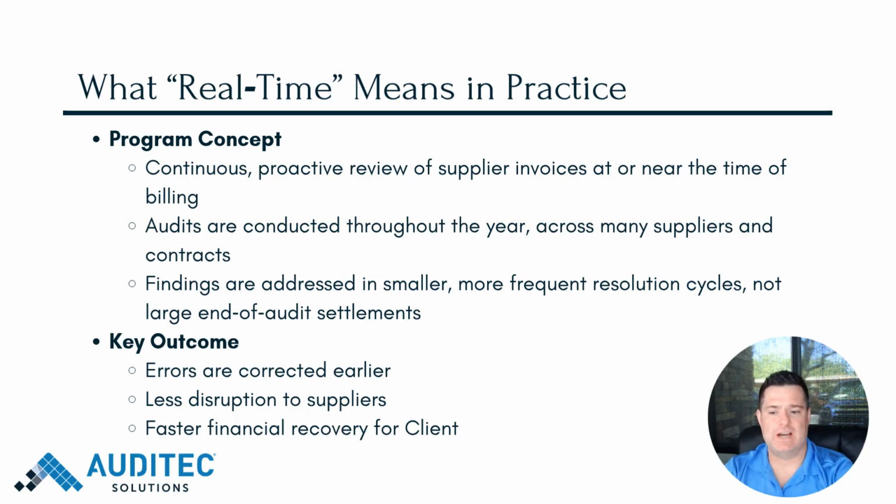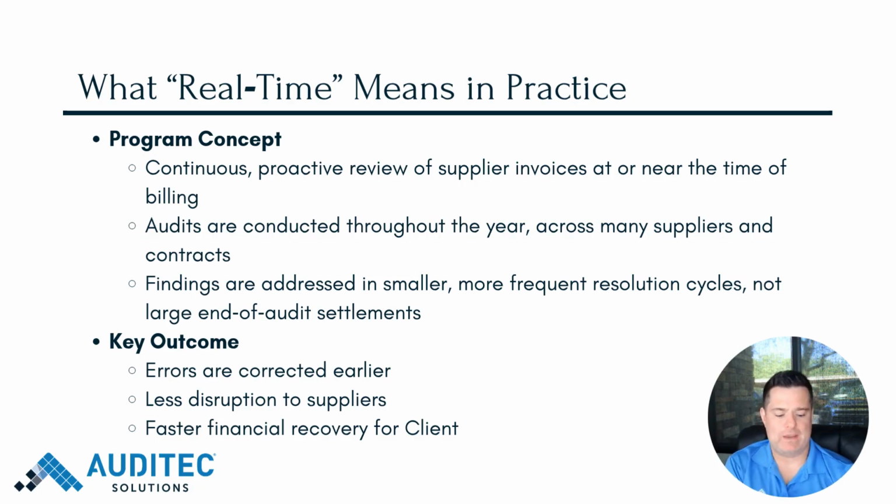The audits are conducted throughout the year across many suppliers and contracts, and the findings therefore are addressed in smaller, more frequent, addressable resolutions instead of having a big 3-year audit period that you're looking to resolve findings with. Obviously, this creates a much more manageable resolution process.